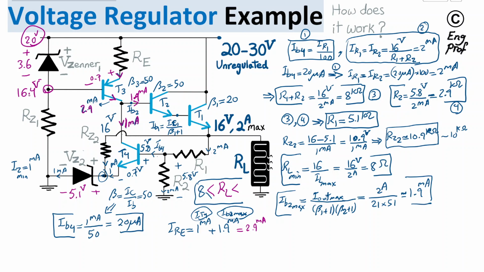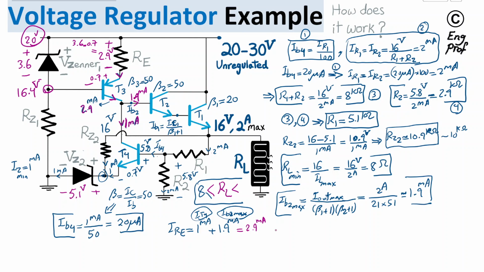So going up from this point, the voltage drop across this resistor is simply 3.6 volt minus the 0.7 volt, so it's 2.9 volt. So there is 2.9 volt across this RE.